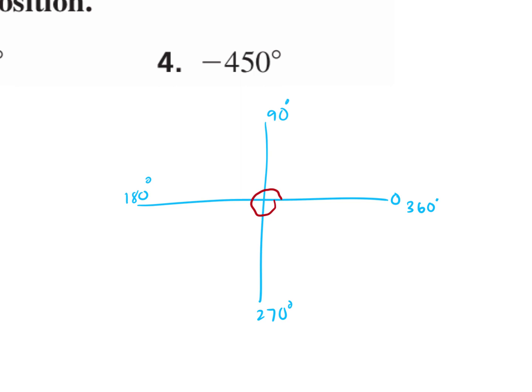How do we find out? Do we subtract 360 here? We'd be adding 360, just because it's negative, so we want to add 360 to find what the smaller angle would be. So that would give us negative 90. So we're going to go 90 degrees more, but continue in our negative direction. So if we go another 90 degrees, that's just one quadrant there. So we end up falling on that 270 degree line there.